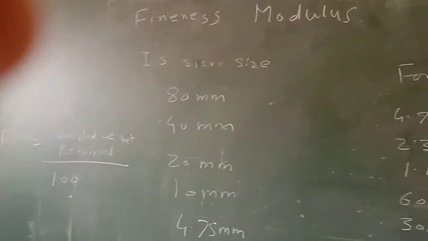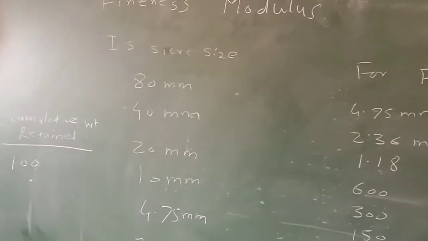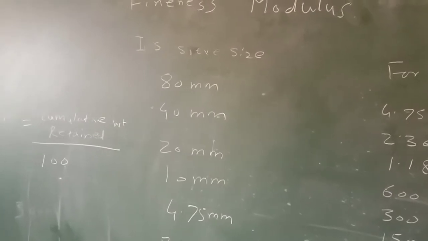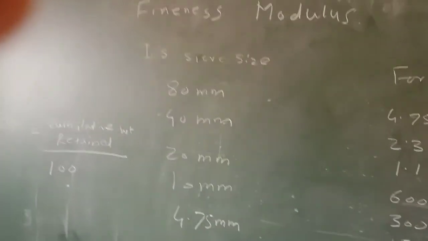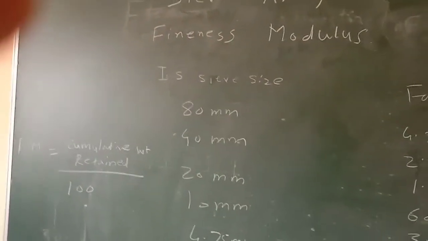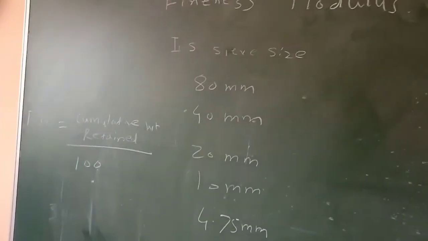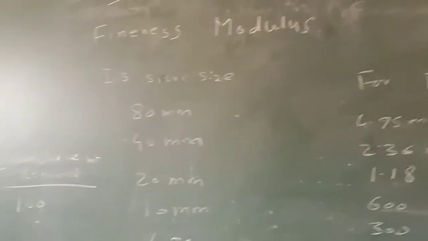Our main aim is to achieve minimum voids in the aggregates so that we get dense concrete, meaning the concrete will have more compressive strength, because if you maintain proper voids in the concrete, then we can achieve dense concrete.